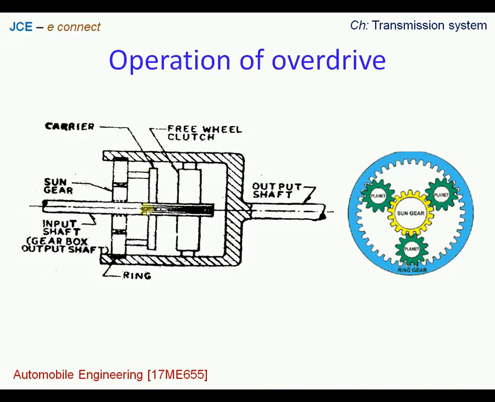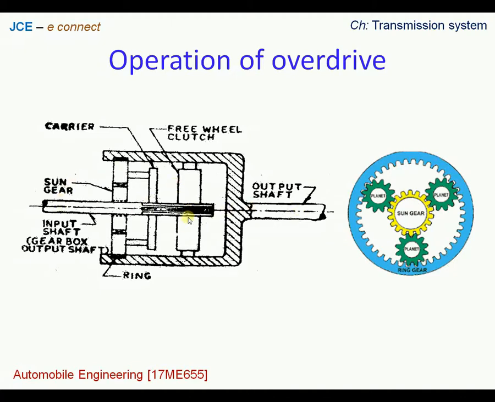One end of this input shaft has splines, and these splines are in mesh with the freewheel clutch as shown here, and this freewheel helps in restricting the power transmission from the output shaft towards the input shaft.